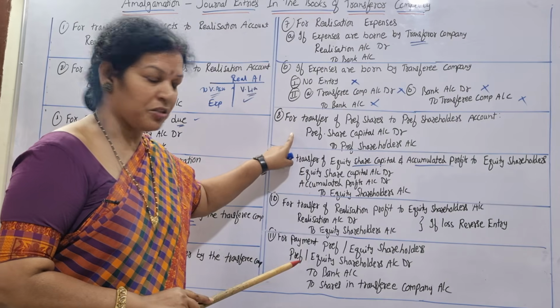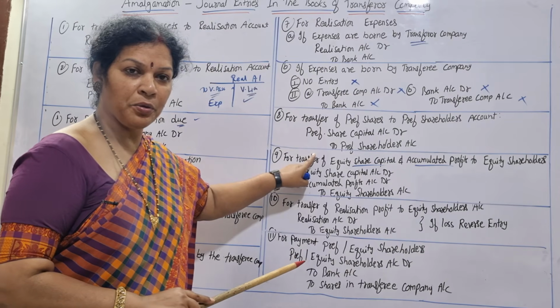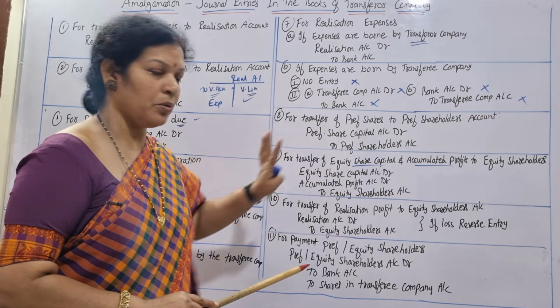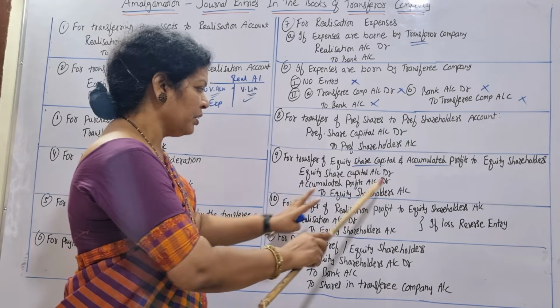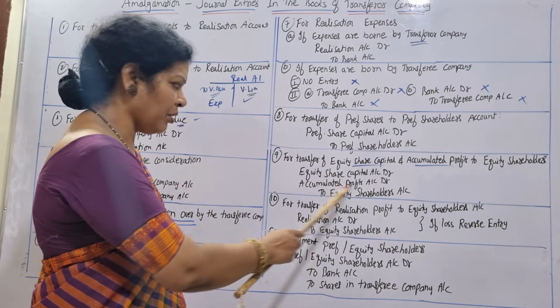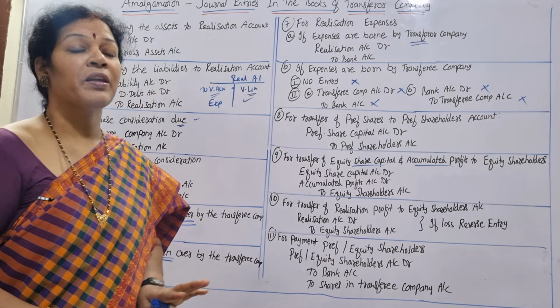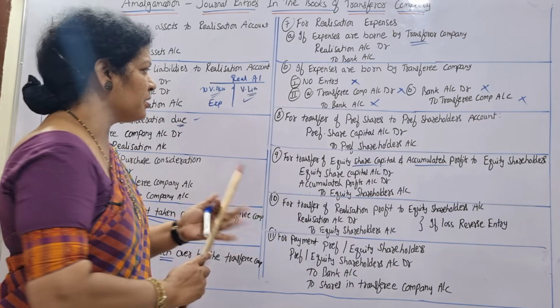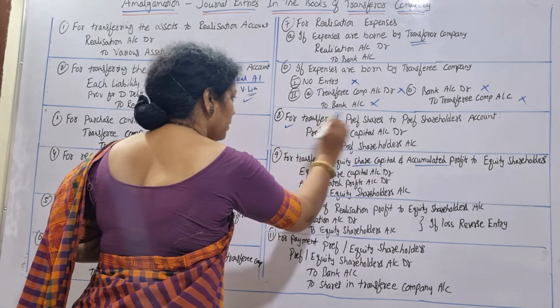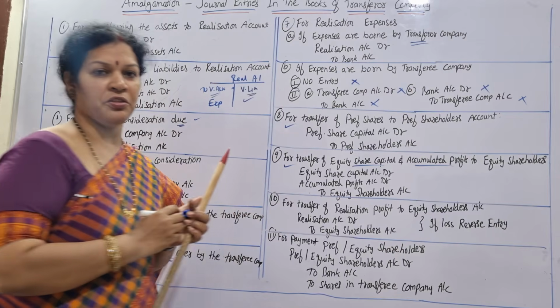In the same way, equity share capital account attached to equity shareholders account. If there are accumulated profits, they are also transferred along with the equity share capital. Clear? This is transferring of the preference shares and the equity shares.